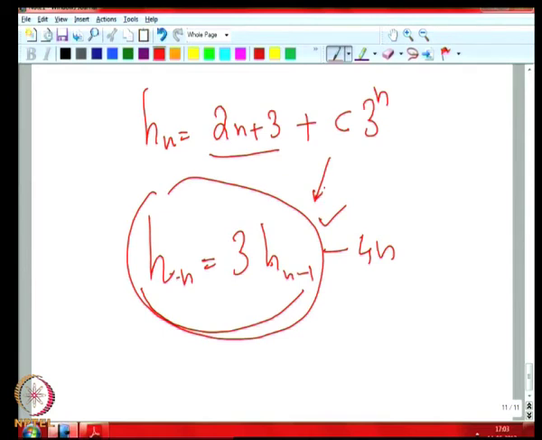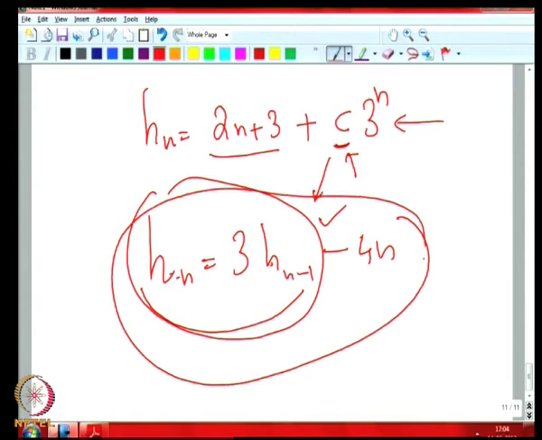So what is good about this new solution? The good thing is that there is a C here, and this C we can choose. Whichever C we put, this relation will be satisfied, because that does not depend on this C. But on the other hand, fixing the C at a correct value will help us get our initial condition satisfied.